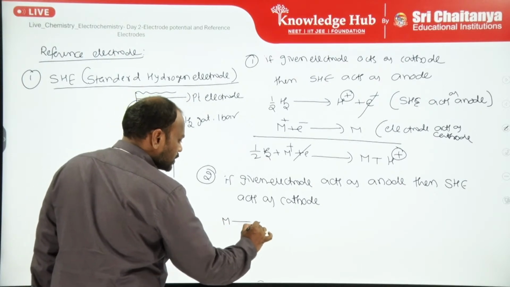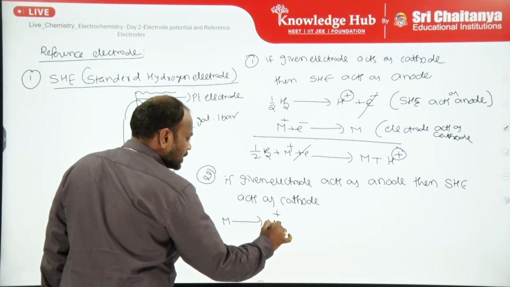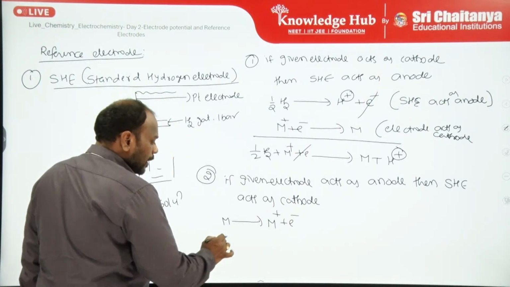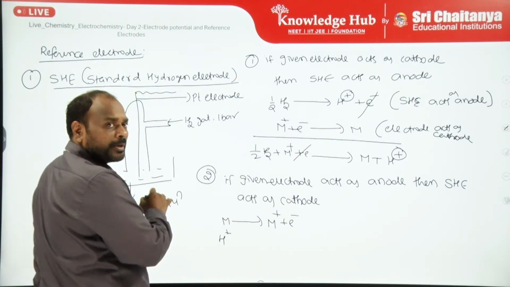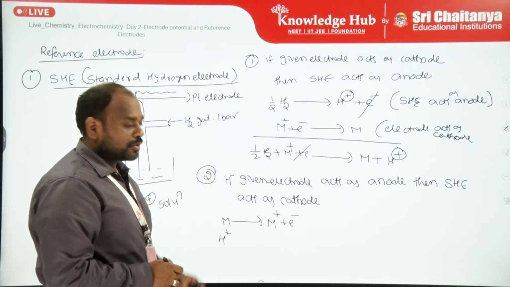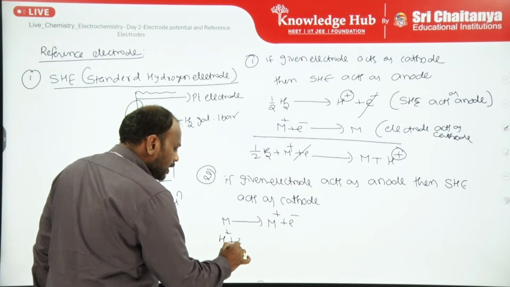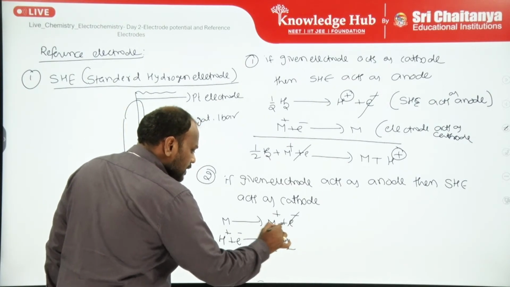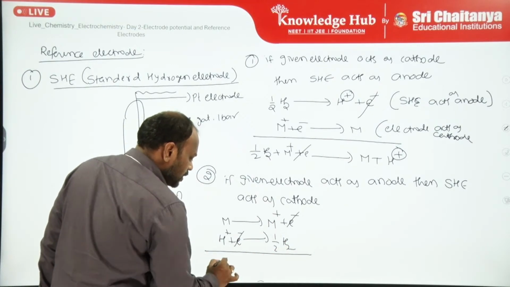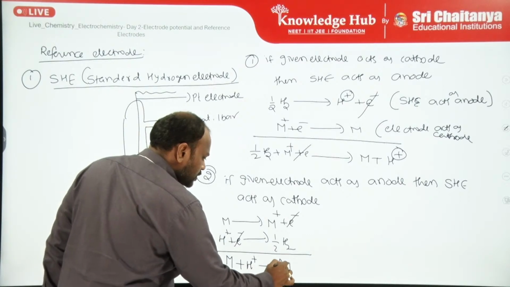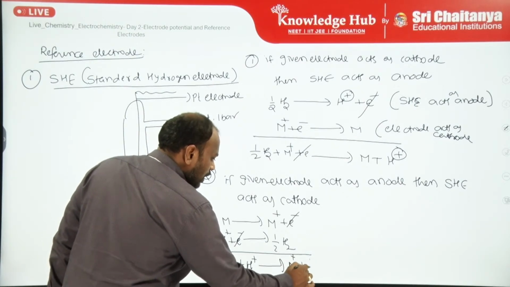M turns to M plus by losing an electron. H plus ions are present in this aqueous solution, that is an acidic solution. That one gains the electron, then turns to half H2. The electrons get cancelled, then we get M plus H plus gives rise to M plus half H2.